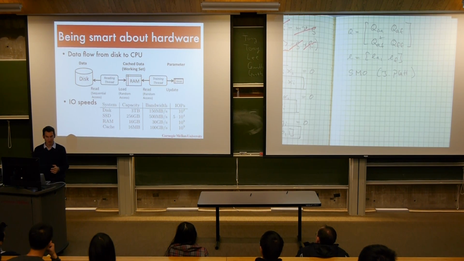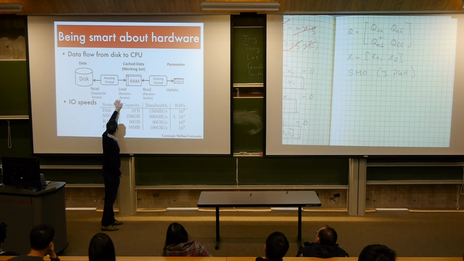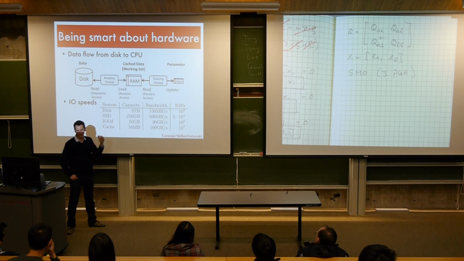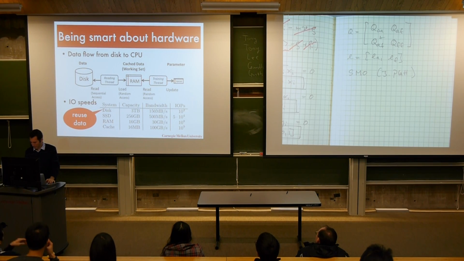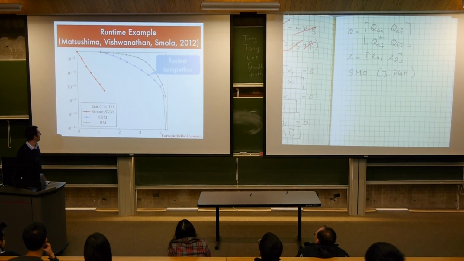This is a sign of people who haven't really thought deeply about the algorithm, because if you have extra CPU cycles to spare, you want to use them. So once you've read the data from disk, you use it several times before you throw it away again. That's the trick. If you do this, you can get that kind of result.